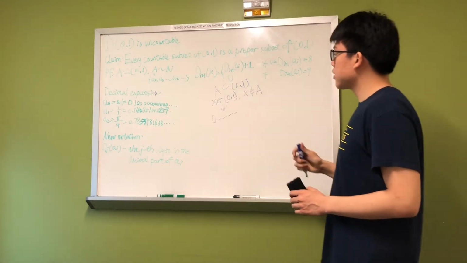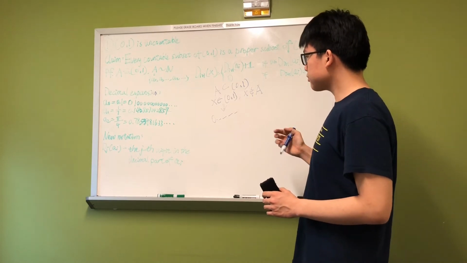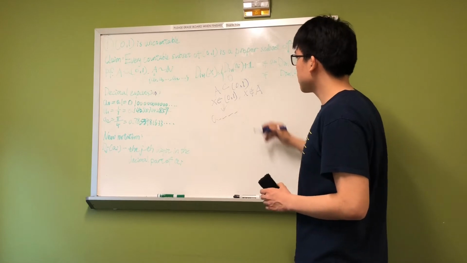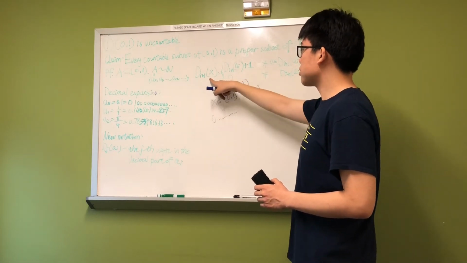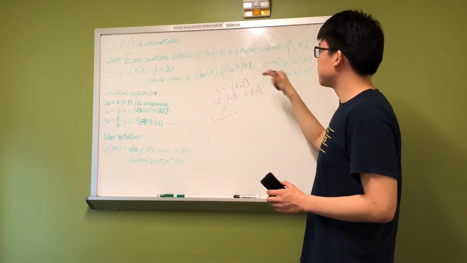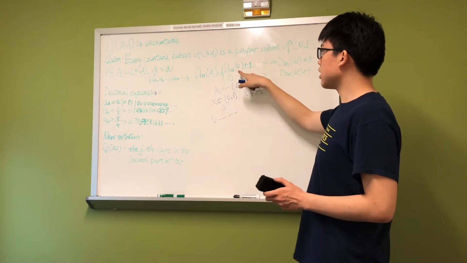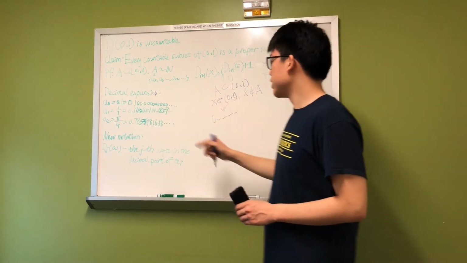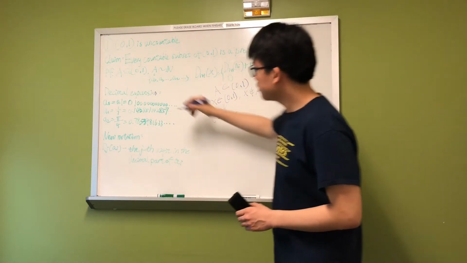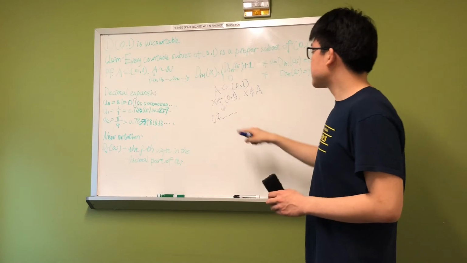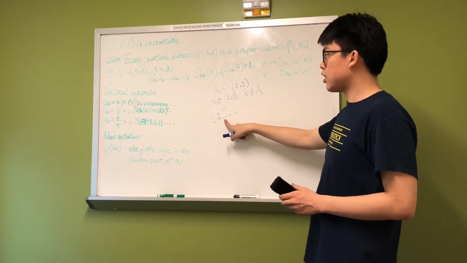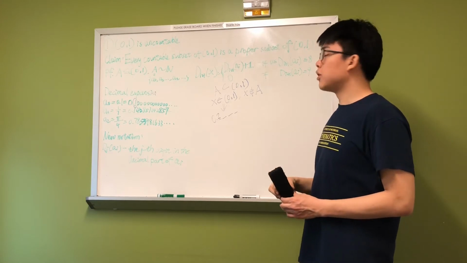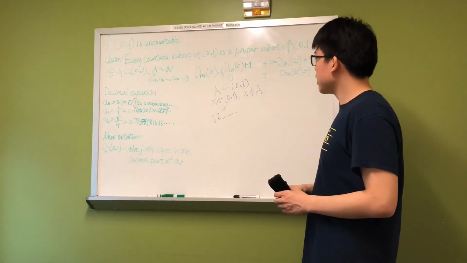So for example, here's a0. The first digit in the decimal part of x should be the first digit in the decimal part of a0 plus 1. So it's 1 plus 1, which is 2. And the second digit in the decimal part of x should be the second digit in the decimal part of a1 plus 1.